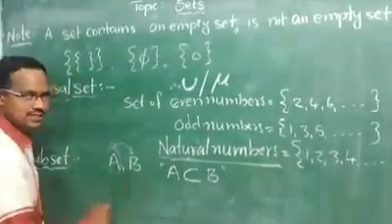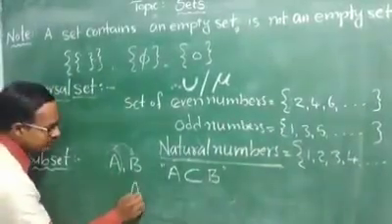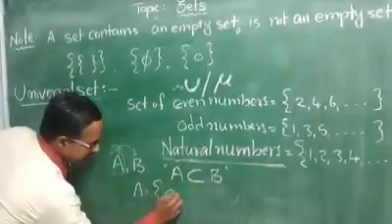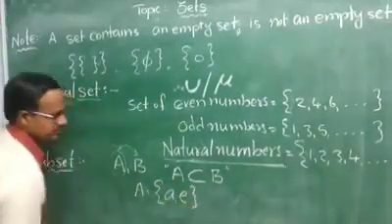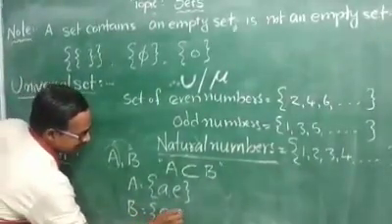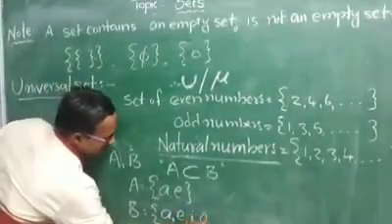To understand this concept, I would like to explain by an example. A is equal to {A, E}, B is equal to {A, E, I, O, U}.